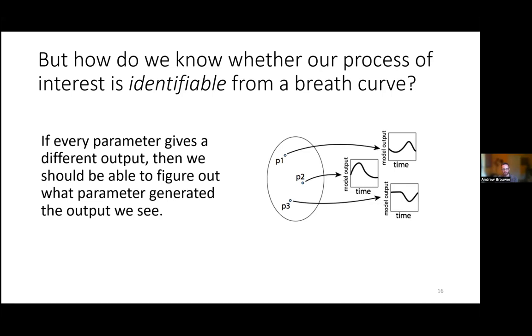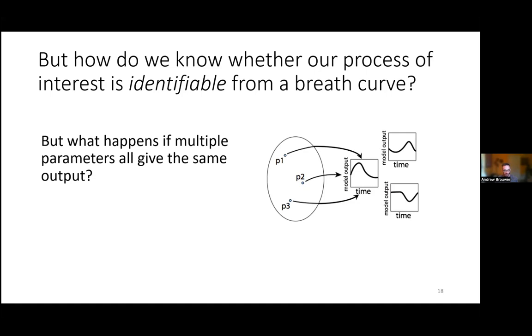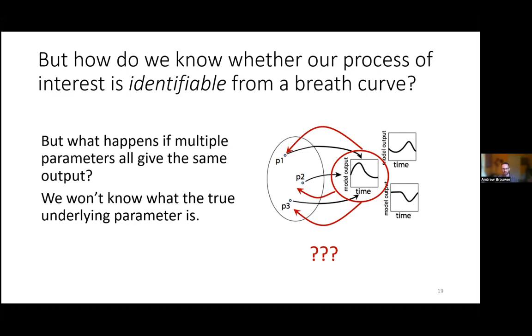If every parameter does give a different output, then if we see a specific output, we know which parameter generated it. That's all well and good. But if we have multiple parameters that are all giving the same output, then if you observe that output, we don't know what the true underlying parameter is. And that's what we refer to as not identifiable, or unidentifiable.